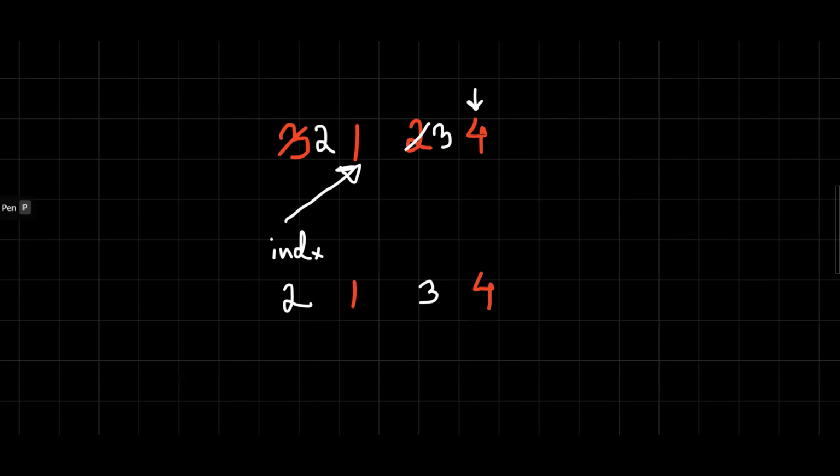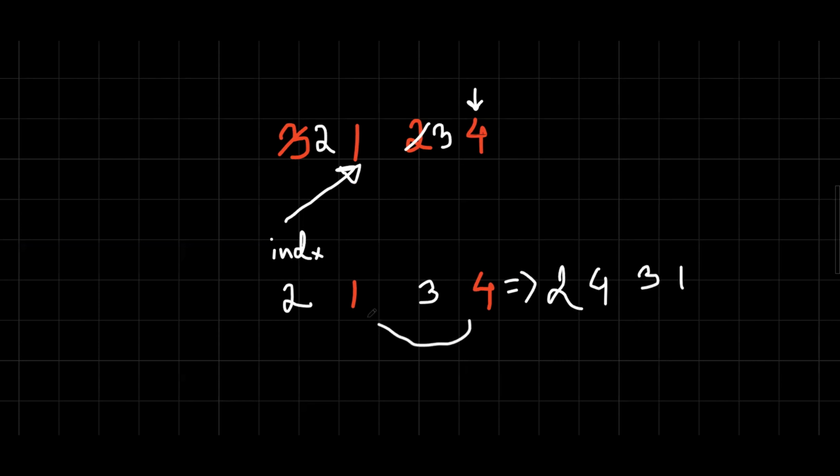So here, as our current element 4 is an even number, we have to swap the element 1 with the element 4. So if we perform the swap operation, then the array will become 2, 4, 3, and 1.